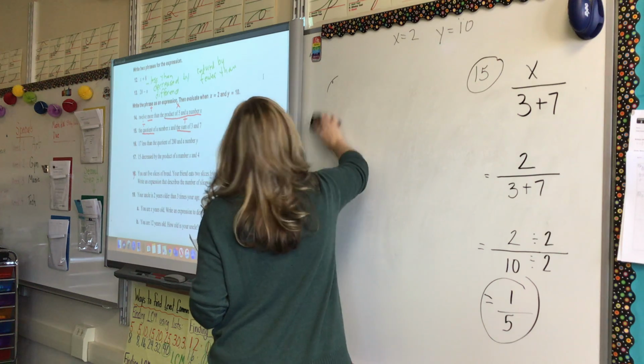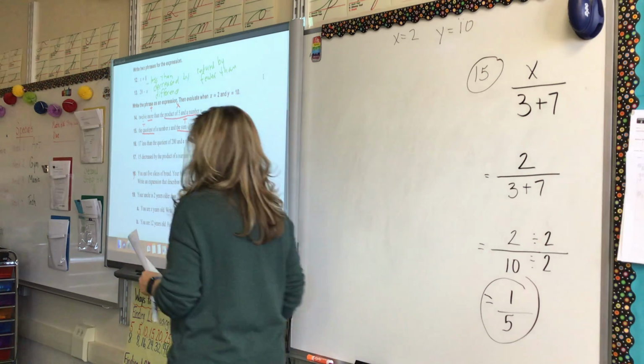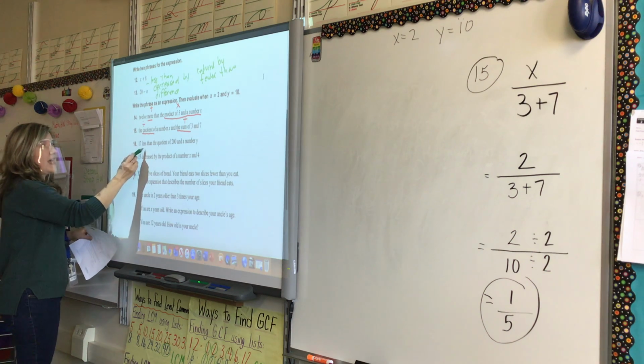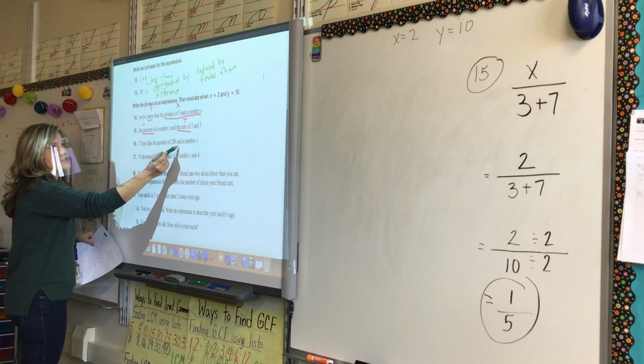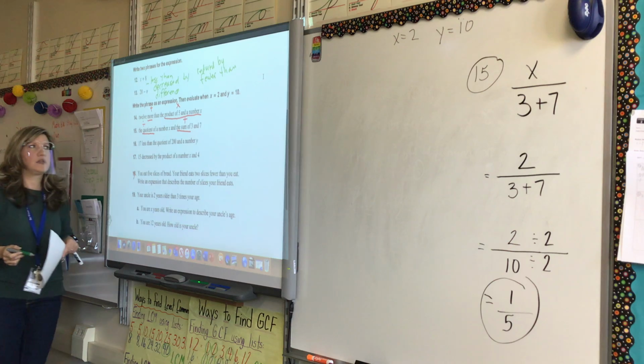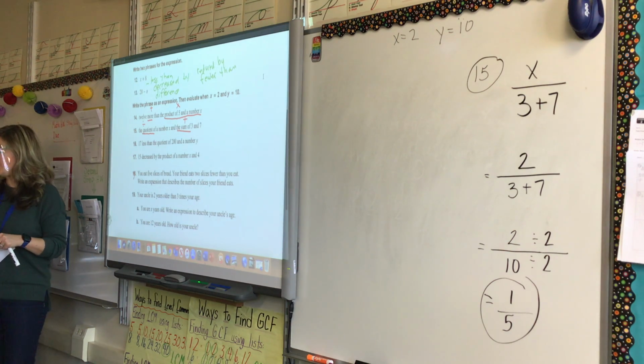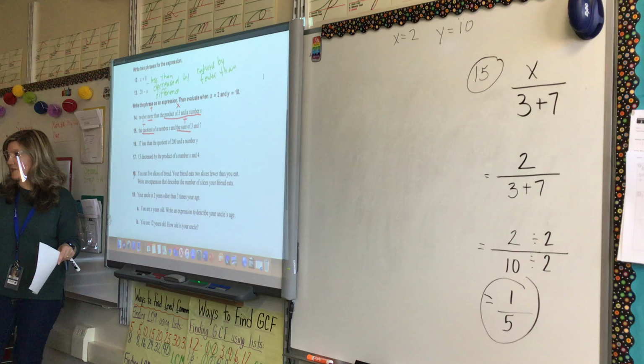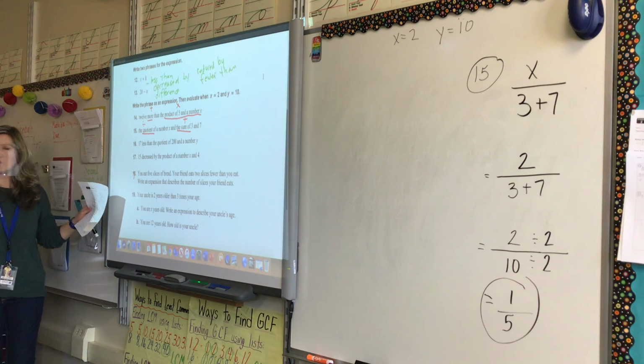Number 16. Again, we're looking at those keywords. 17 less than the quotient of 200 and a number y. Now I know this might seem overwhelming, right? You read that and you're like, oh my gosh, how am I going to make a math problem out of that expression? You really need to do it step by step and look at the keywords.